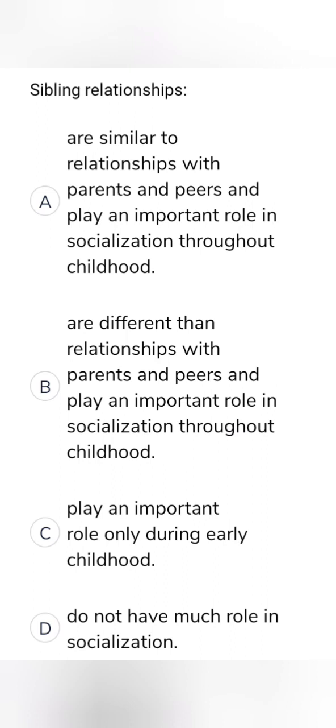Option number C, play an important role only during early childhood. Option number D, do not have much role in socialization. Option number B is right, are different than relationships with parents and peers and play an important role in socialization throughout childhood.